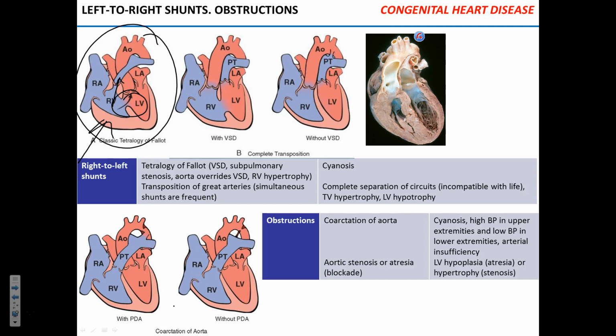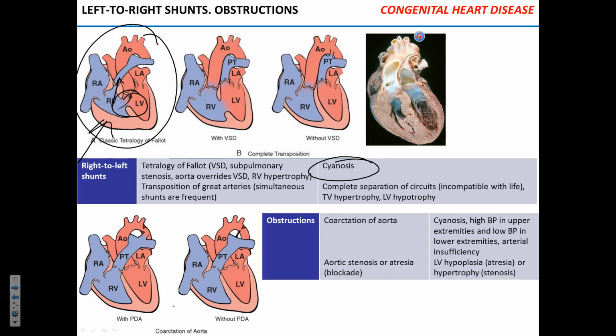The pulmonary trunk is stenosed, which means the right ventricle has to put in a lot of effort to pump the blood to the lungs. As a result, the right ventricular wall becomes thicker and stronger. And in this case, blood will be forced from the right ventricle to the left ventricle. Which means you now have deoxygenated blood getting into the systemic circuit. So again, cyanosis.